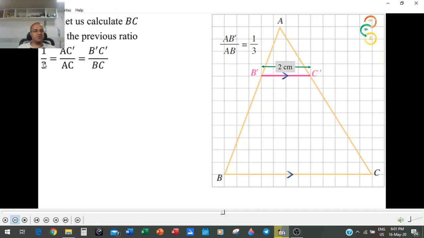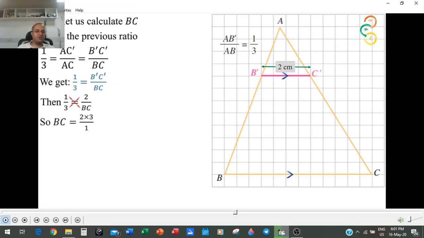We take the ratio 1 over 3 and the ratio B prime C prime over BC, and instead of B prime C prime we put 2 and do cross multiplication to get BC. We get 1 over 3 equals B prime C prime over BC. We substitute B prime C prime by 2, and by cross multiplication BC is equal to 2 times 3 over 1. BC is equal to 6 centimeters.